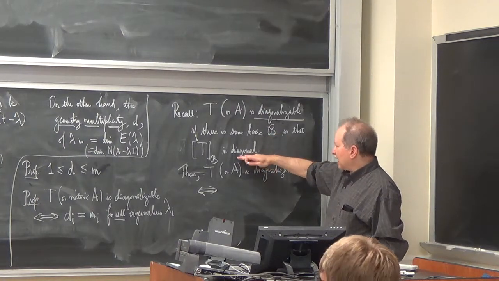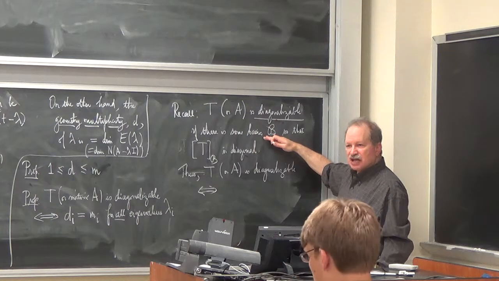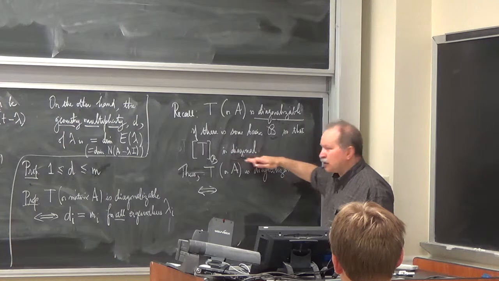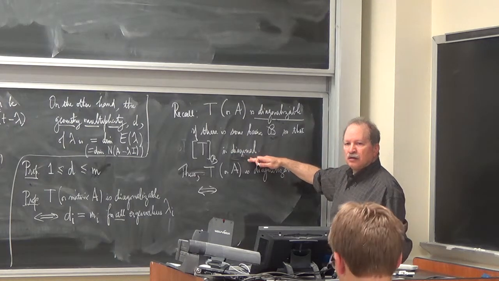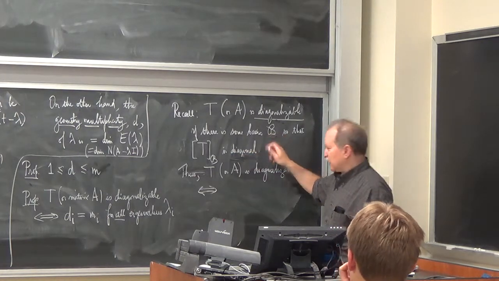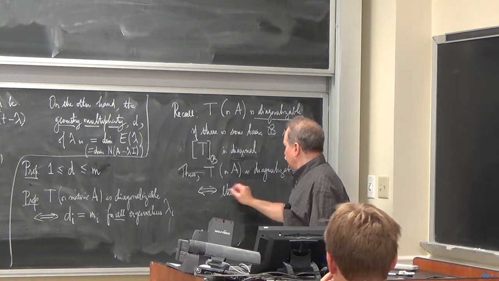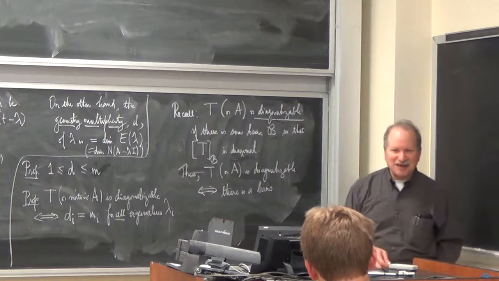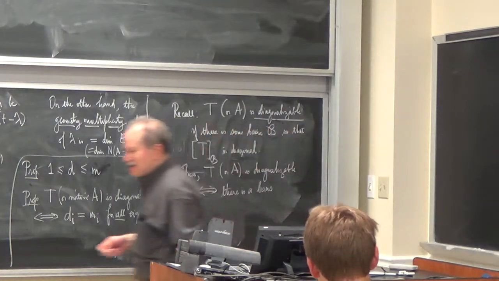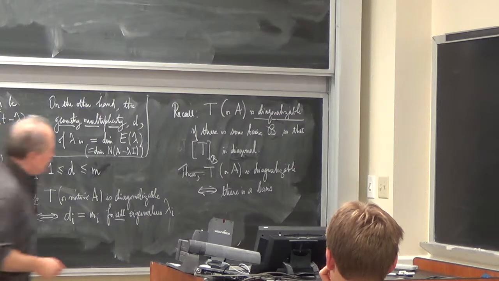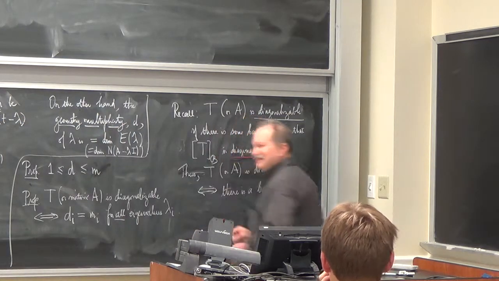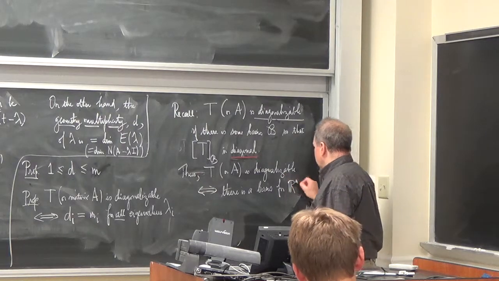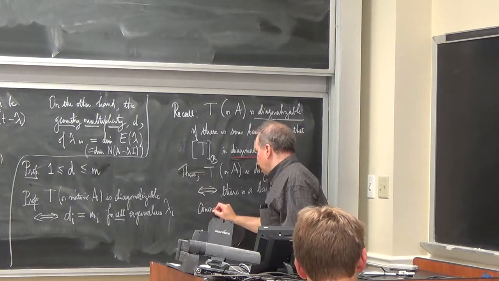If you have a diagonal matrix, what must be true about each of these basis vectors? Not orthogonal. Linearly independent is always true for a basis. Eigenvectors. Thank you. There's a basis for Rn consisting of eigenvectors.